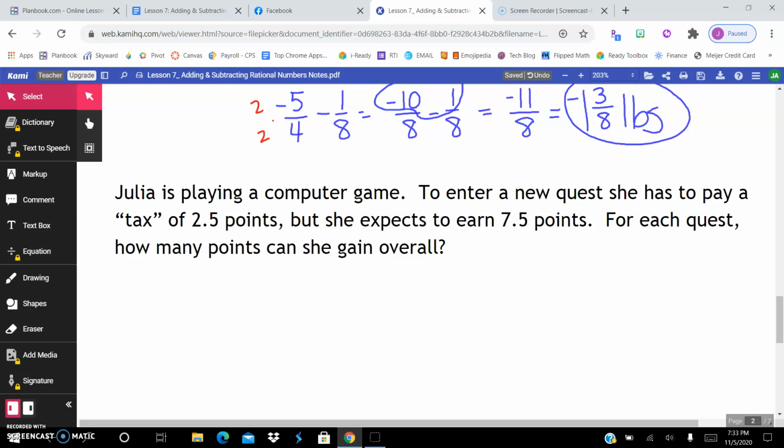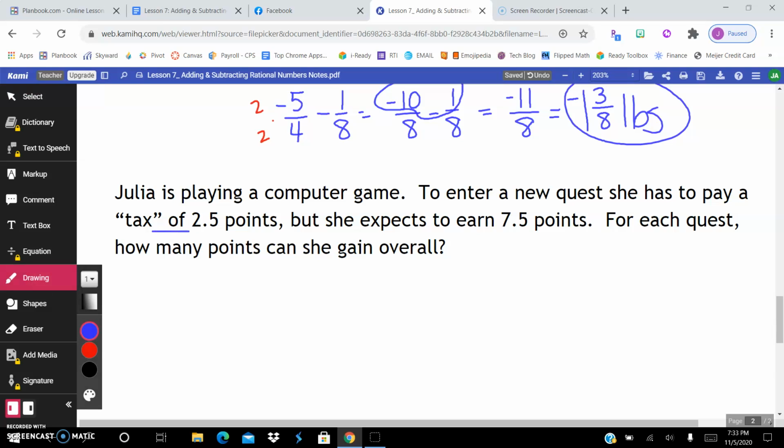Julia is playing a computer game. To enter a new quest, she has to pay a tax of 2.5 points. So if she's paying it, it's going out, so -2.5. But she expects to earn means we're going to add on 7.5 points. For each quest, how many points can she gain overall?